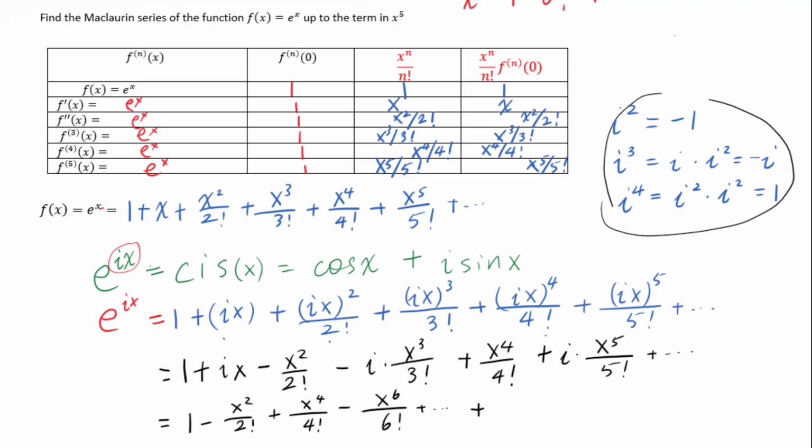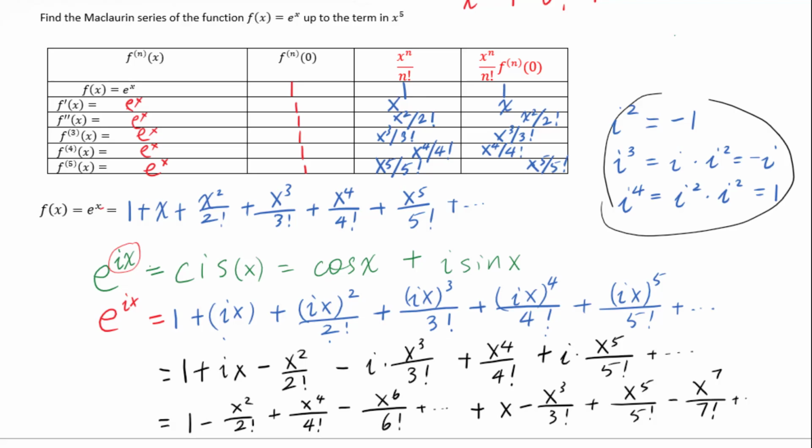Then plus x minus x to the third power over 3 factorial plus x to the fifth power over 5 factorial minus x to the seventh power over 7 factorial, then times i.